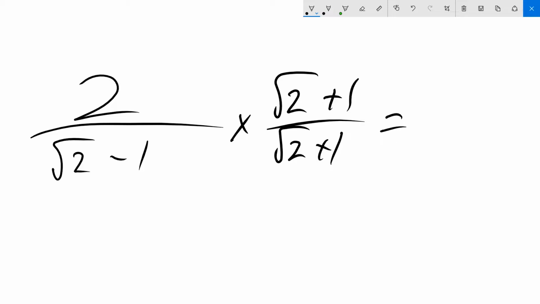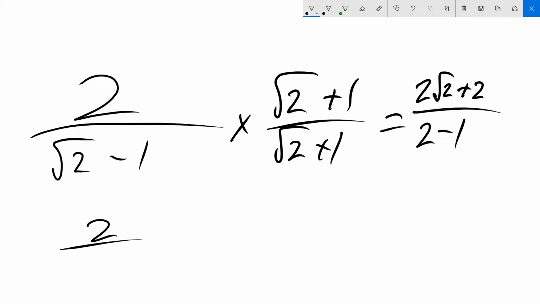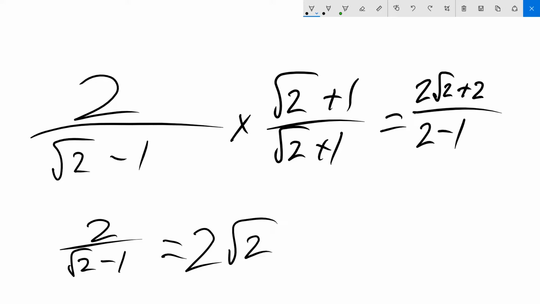So we get 2 lots of root 2 plus 1, which is 2 root 2 plus 2 divided by, and root 2 squared is 2, 1 squared is 1, minus 1. We can simplify down, so we're saying that 2 over root 2 minus 1 is equal to 2 root 2 plus 2. That's it. We're saying the exact same thing.